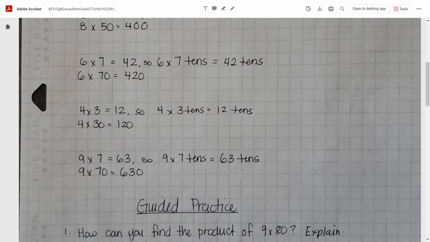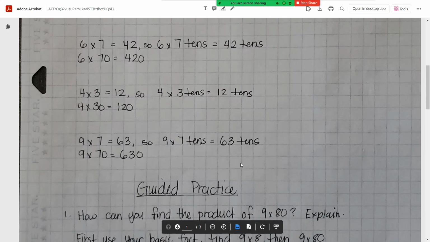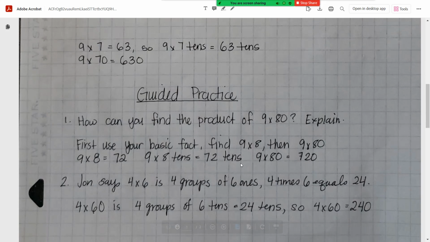So 9 times 7 tens is going to be 63 tens, or 9 times 70 is 630. Now I could have rewritten this as 9 tens times 7. So if I had 90 times 7, I still would have gotten 630. And you can try it out with different numbers to see if it works.